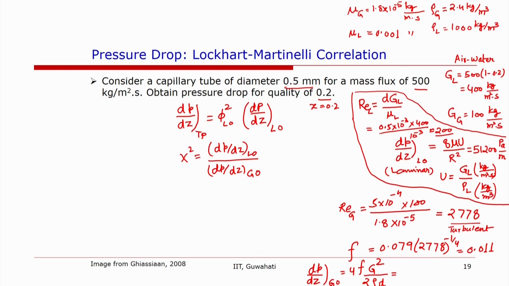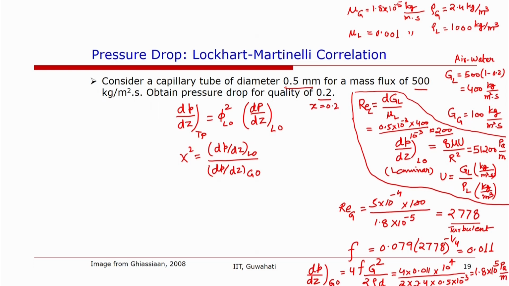So once we substitute here, we get 4 into 0.011 into 100 squared, divided by 2 into rho gas, which is 2.4, into channel diameter, which is 0.5 into 10 to the power minus 3, and when we substitute this, we get a value of 1.8 into 10 to the power 5 Pascal per meter.